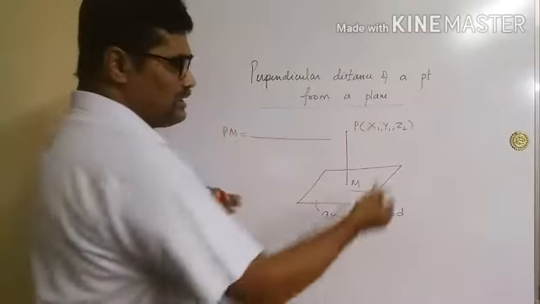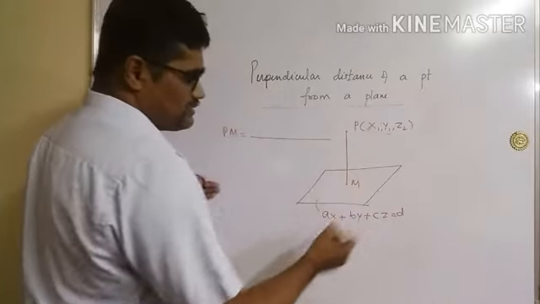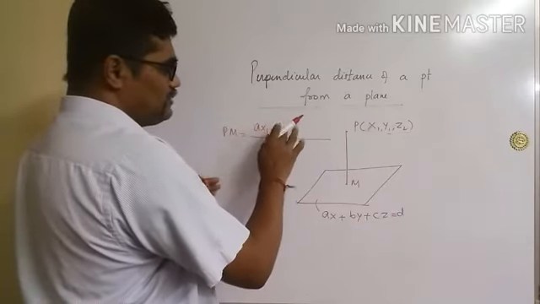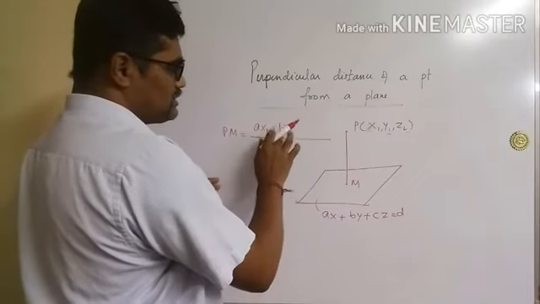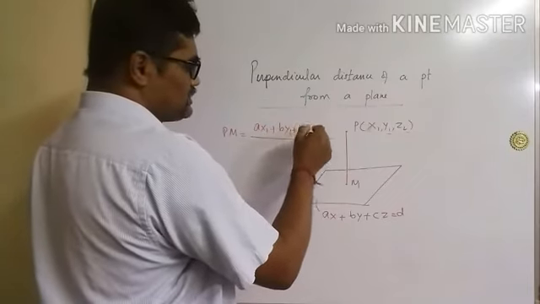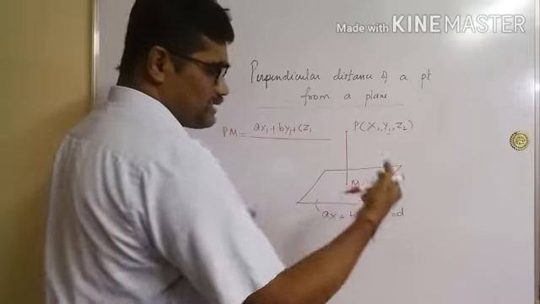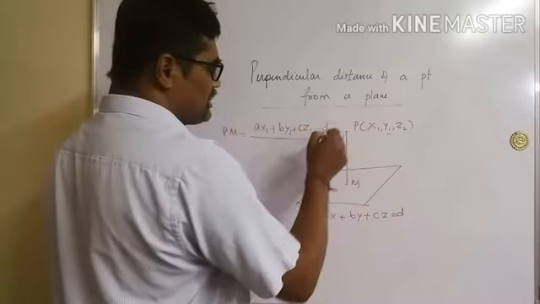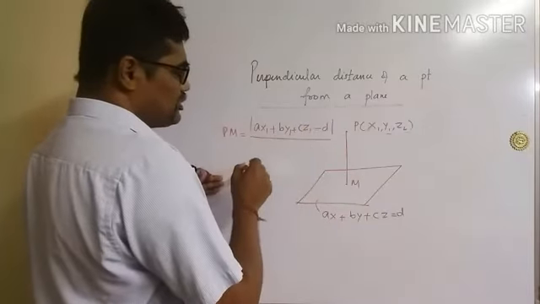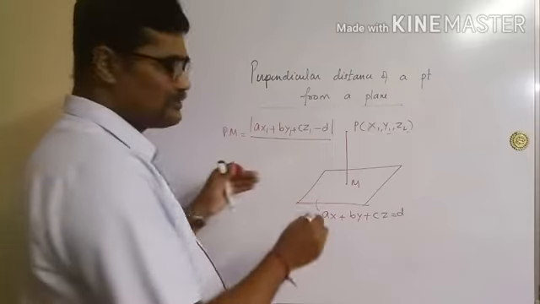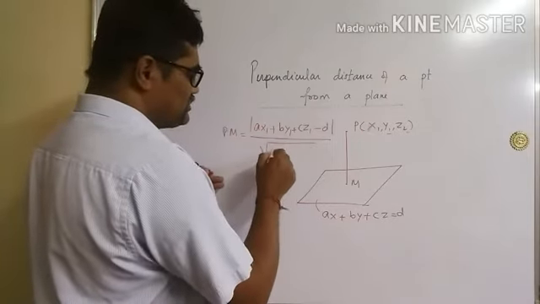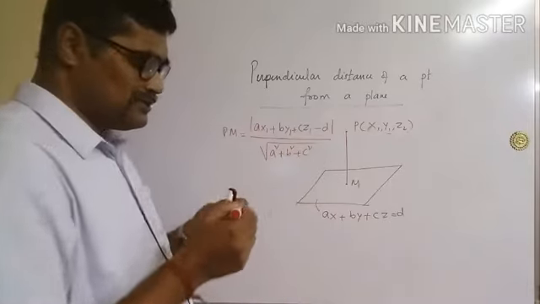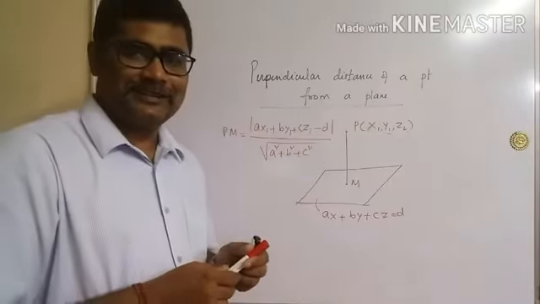You replace these coordinates here and write ax1 plus by1 plus cz1, and whatever is on the right side, remember it, the right side should be made 0, so you bring it to the left side and put a modulus, since it should not be negative. Below, just the square root of the sum of the squares of these coefficients. So this is the formula, which you can easily remember.